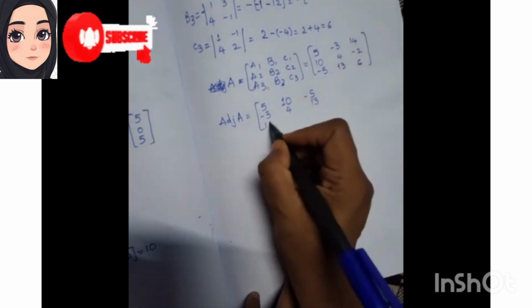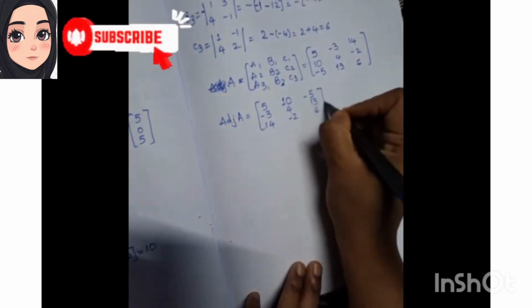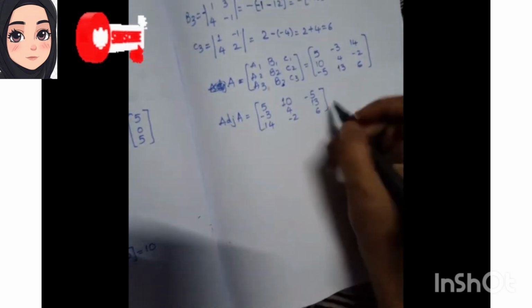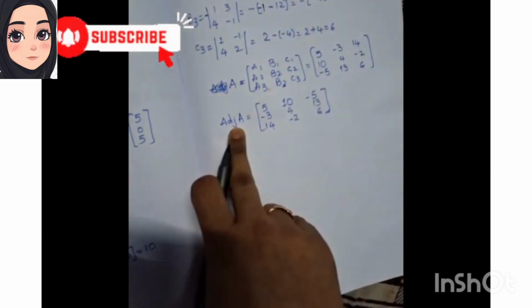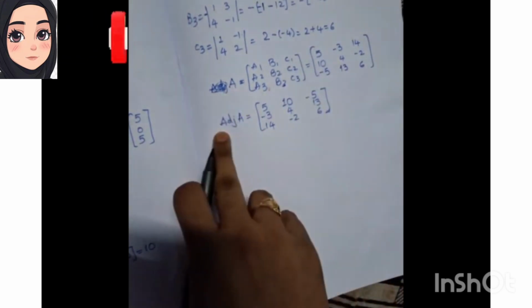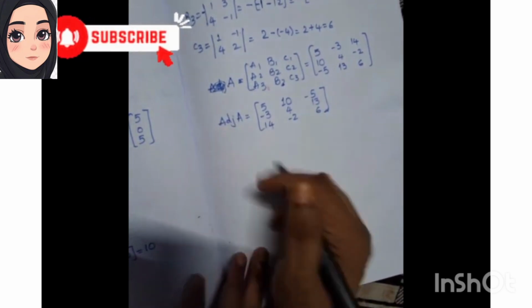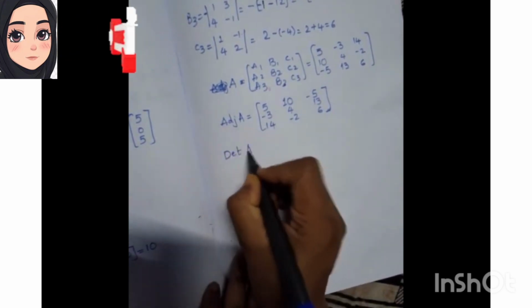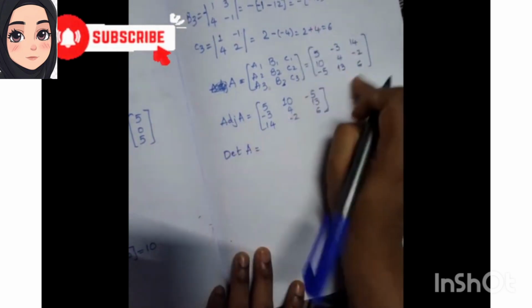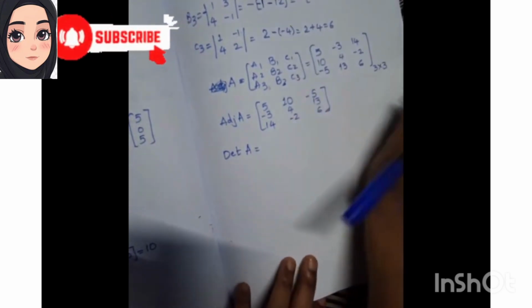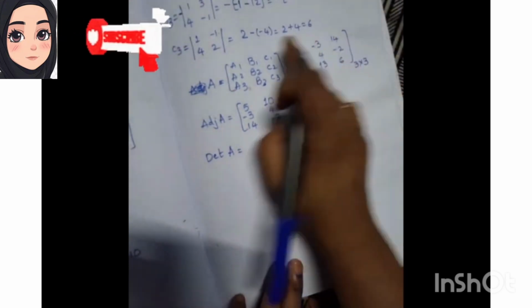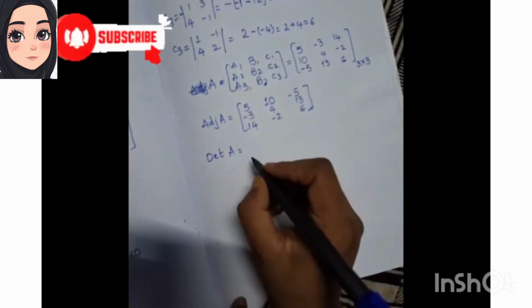Now what is determinant of A? Det A means we have to find the determinant of the 3 by 3 matrix. So the formula is A1 times its cofactor plus B1 times its cofactor plus C1 times its cofactor. That is 1 into 5, minus 1 into minus 3, plus 3 into 14.